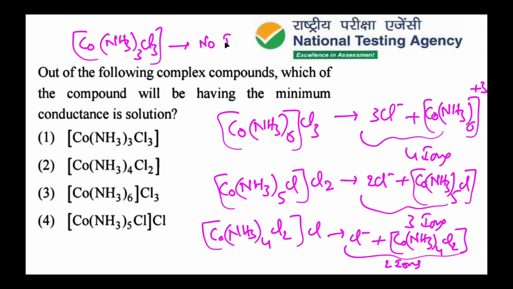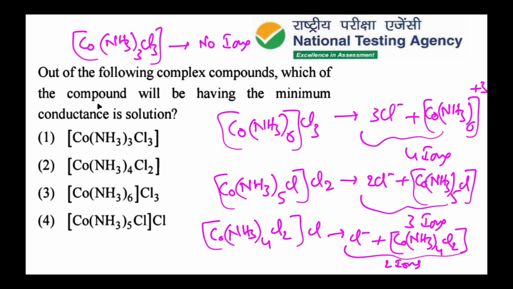No ions are present because outside the complex there are no halide ions, so it won't split into ions, because the complex compound is very strong and cannot break into ions. Outside the complex, the halogen atoms are the only ones converted into ions. Inside the coordination complex, any ligands cannot break into ions.